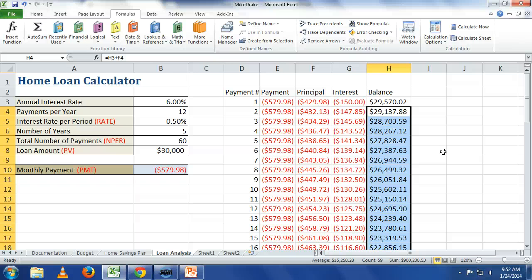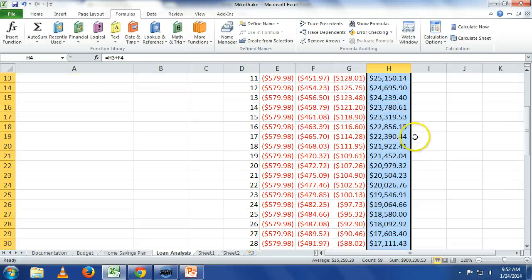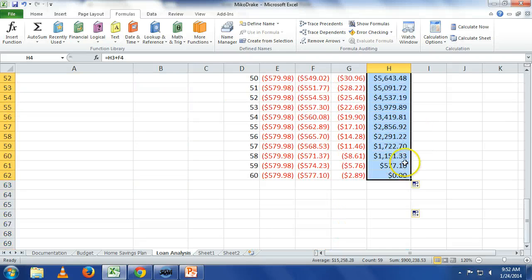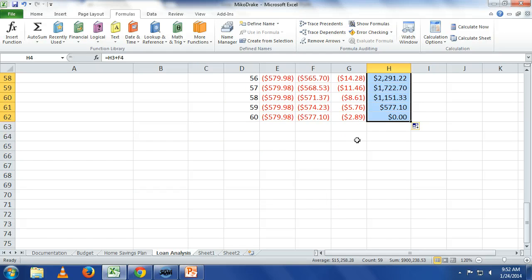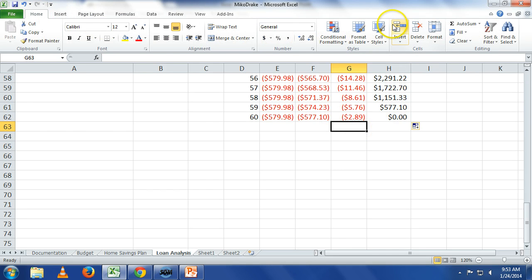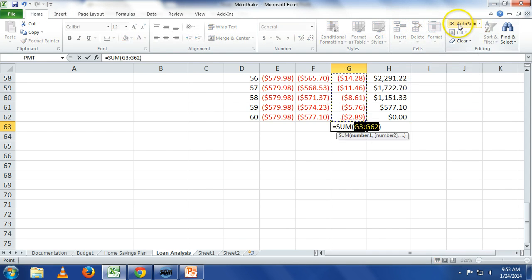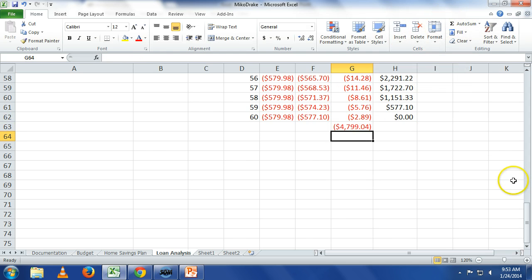What's cool about this, let's auto sum. Let's go down to G63 and auto sum that column. What's real important, some of you guys probably have personal finance with Father Malachi.